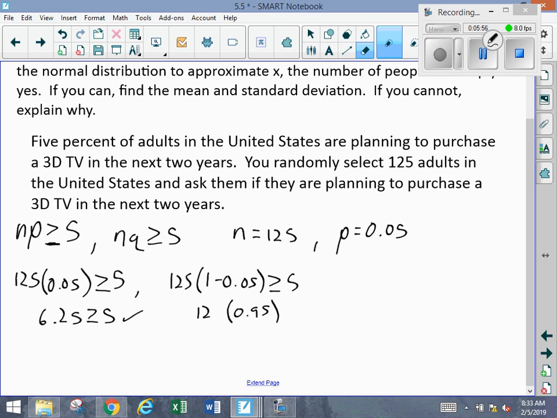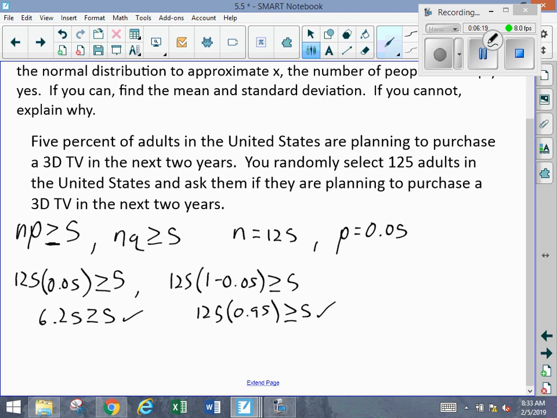It should be 5. That is for sure true, okay? Really, 95% of 125 is a big old number. So, indeed, we can use a normal approximation. So, it says if you can, find the mean and the standard deviation.